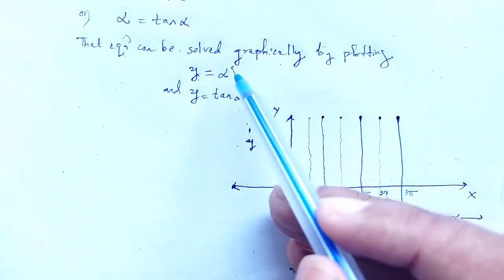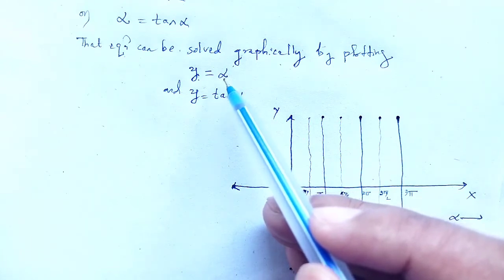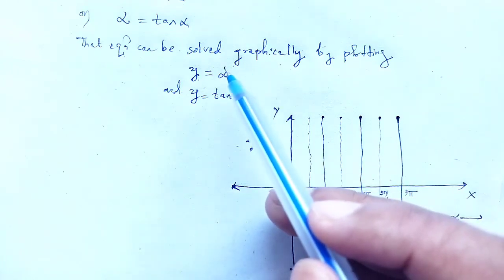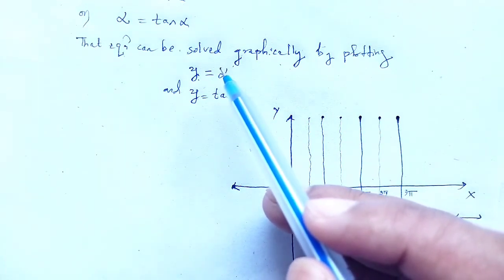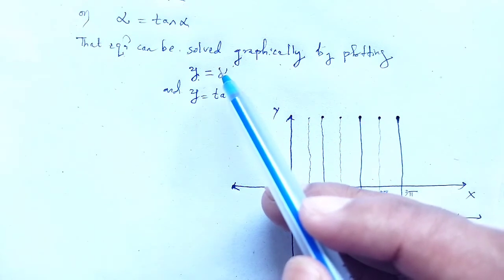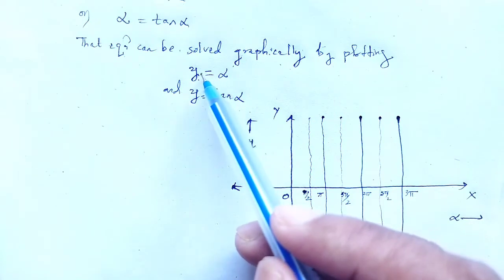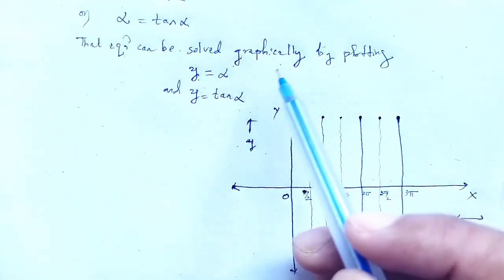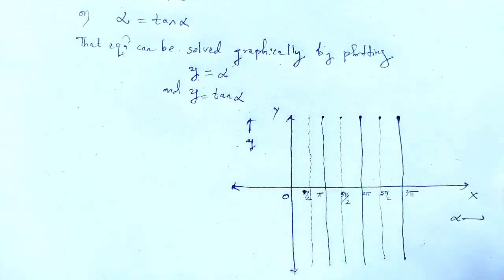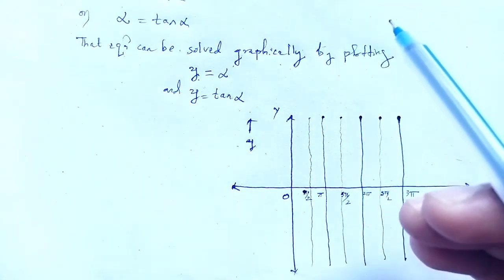If I compare it with the general equation of a straight line, y is equal to mx plus c, where m is the slope of that curve and c is the intercept. Comparing, we have m equal to 1 and c equal to 0, meaning that the straight line passes through the origin, and m equal to 1 means tan theta is equal to 1.